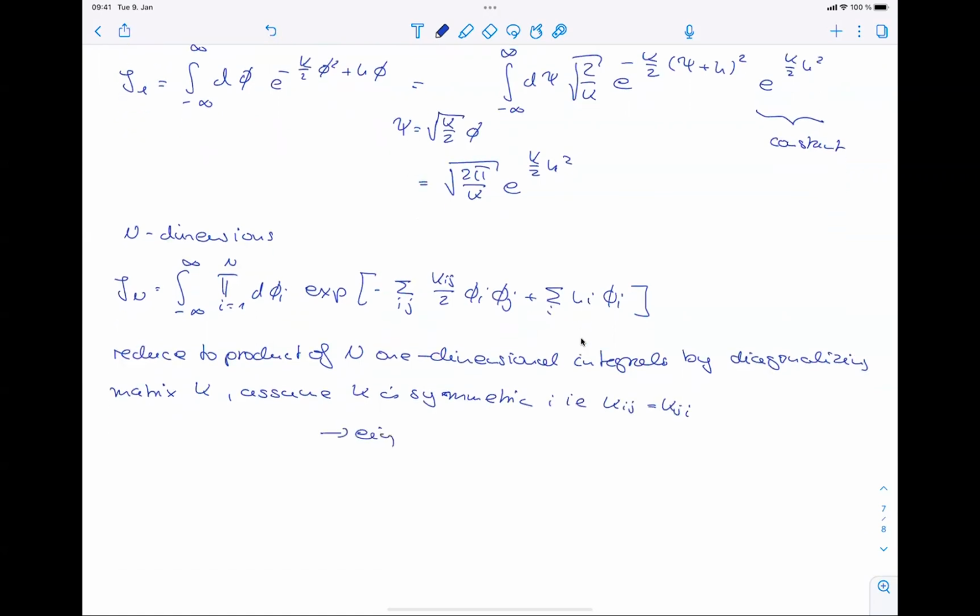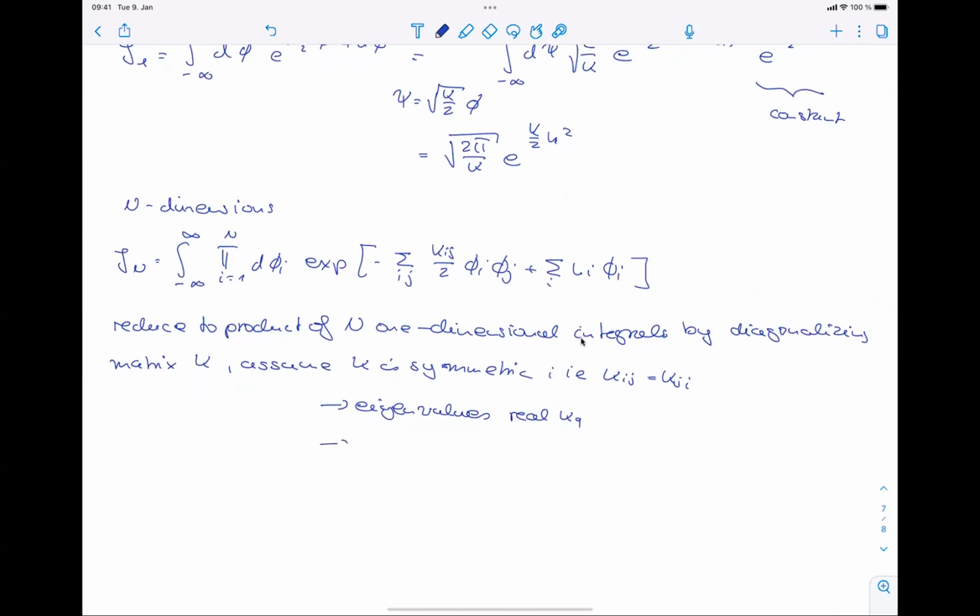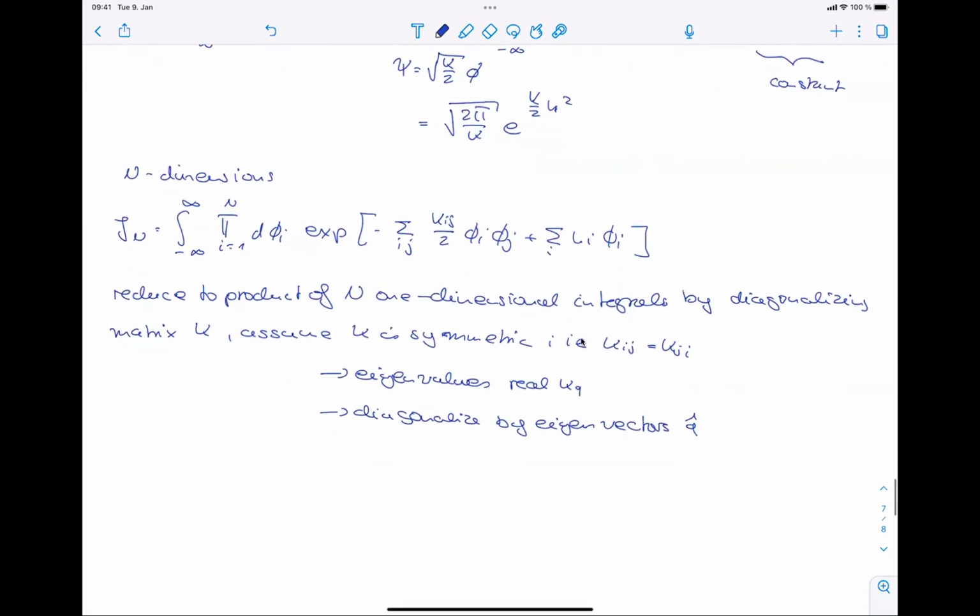So we get the eigenvalues, which are real, and we diagonalize with eigenvectors Q hat, such that K acting on Q hat gives us Q hat times the diagonal matrix with the eigenvalues.